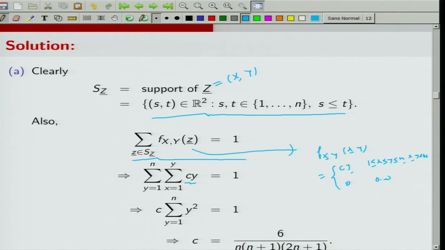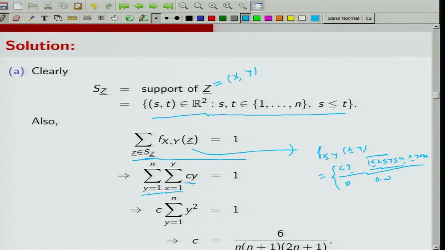So, I take the total probability, which is the sum over z belonging to S_Z of f_{X,Y} equal to 1. It is the same as c·y under this range. I first fix y, so y can go from 1 to n as a free variable. Now, y has been fixed. For a fixed y, x will go from 1 to y.